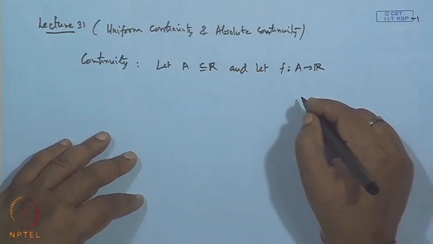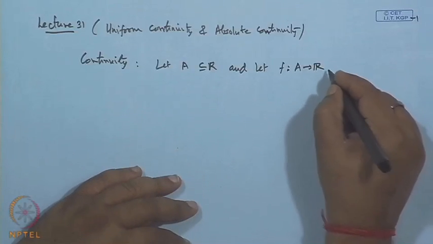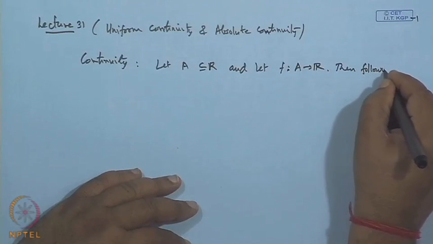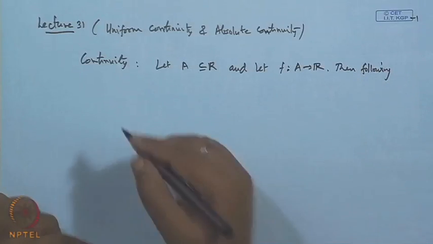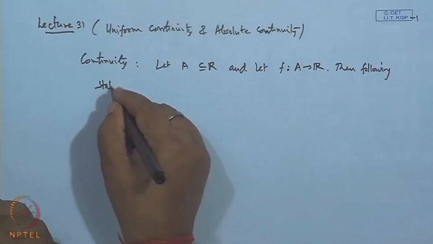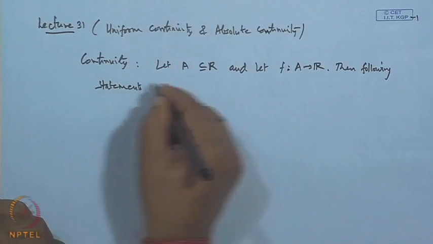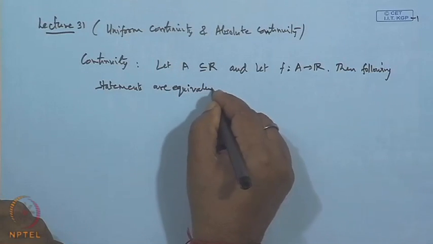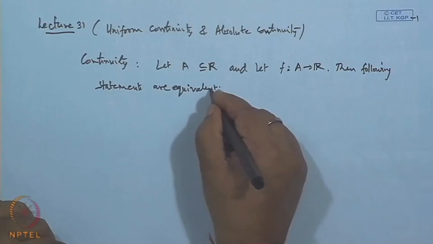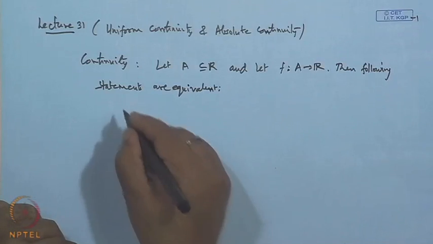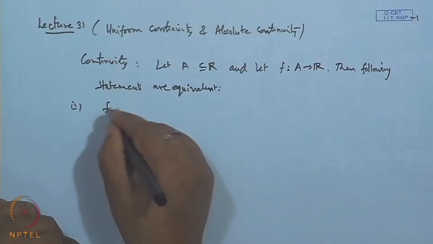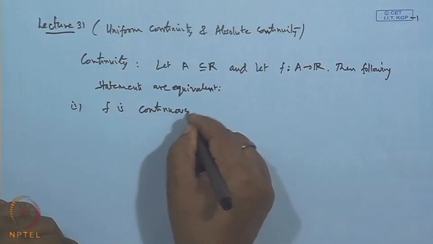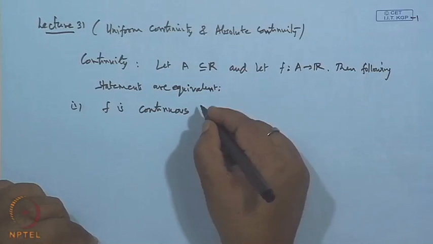Then the following two statements are equivalent. The first statement is that f is continuous, f is continuous at every point u belonging to A.